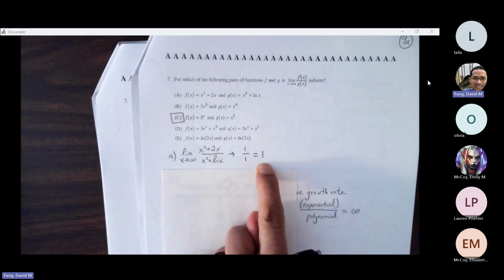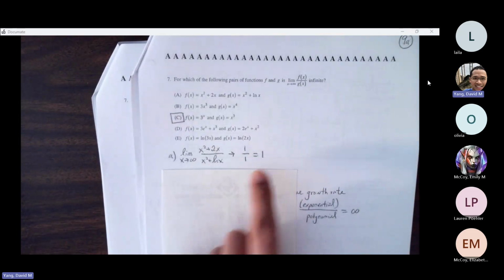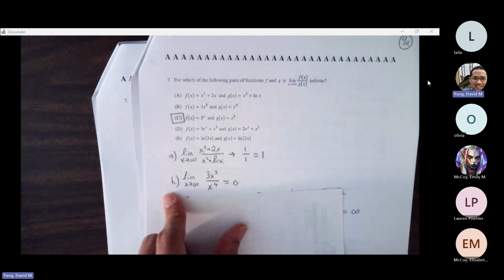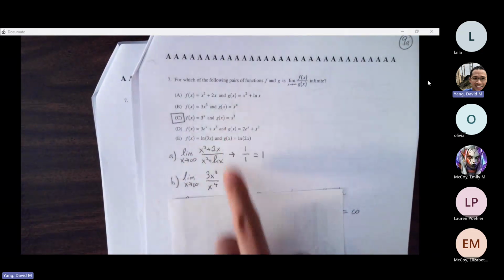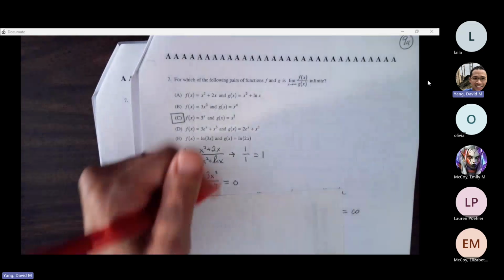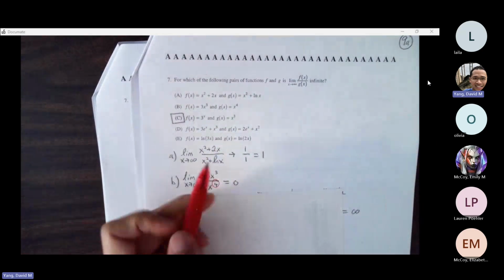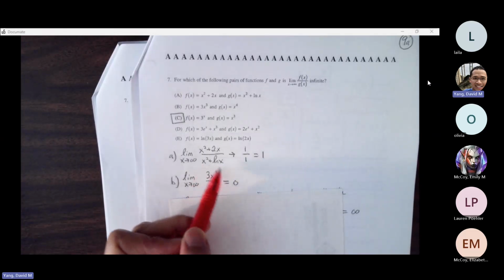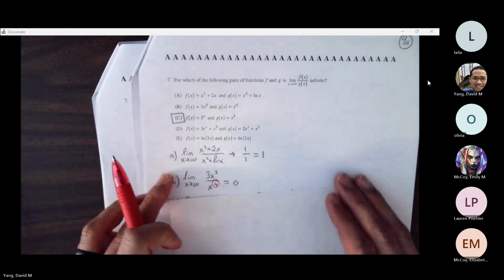The limit is equal to 1. We take the ratio of the coefficients, so answer choice A is not going to give us that infinite limit we're looking for. Answer choice B, f over g, my denominator has a higher degree, and because my denominator has a higher degree, we know this denominator is getting larger at a faster rate than the numerator, and so this fraction is getting smaller and smaller until it heads towards 0.